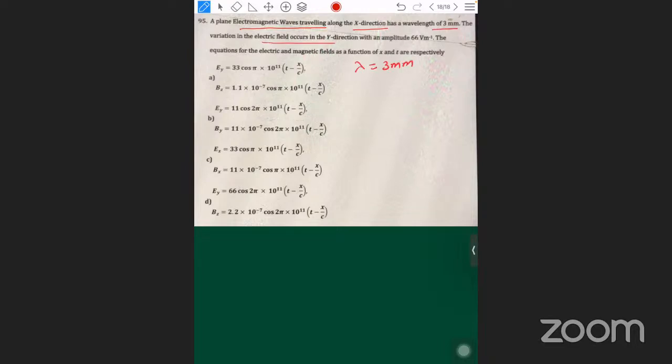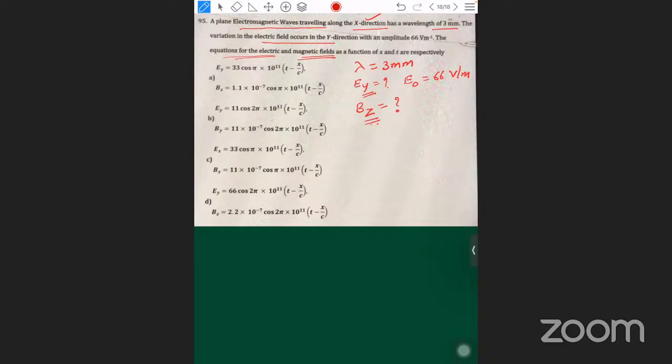The electric field is acting along the y direction with an amplitude of 66 volt per meter. You have to write the equation for the electric and magnetic field. Now, if the wave is traveling along the x direction and the electric field is along the y axis, then the magnetic field must be along the z axis.